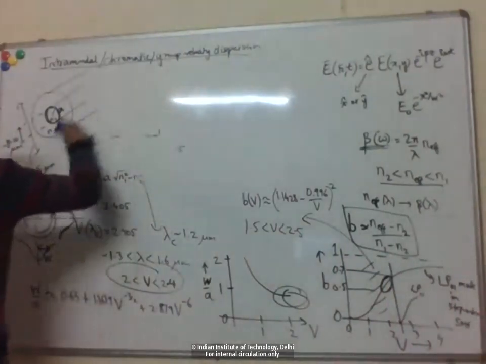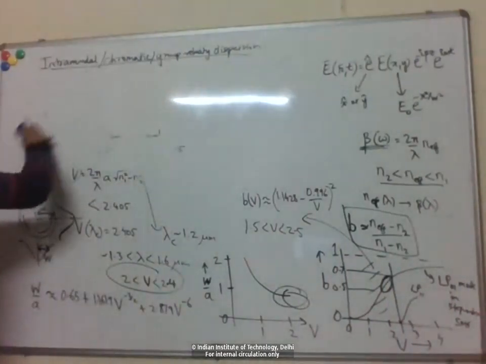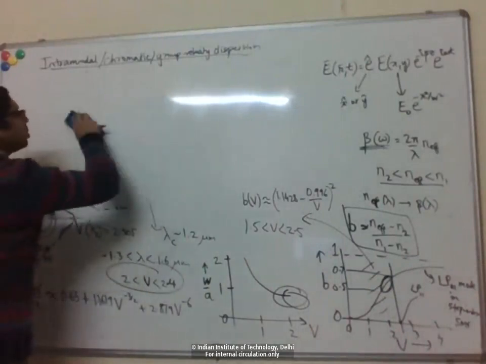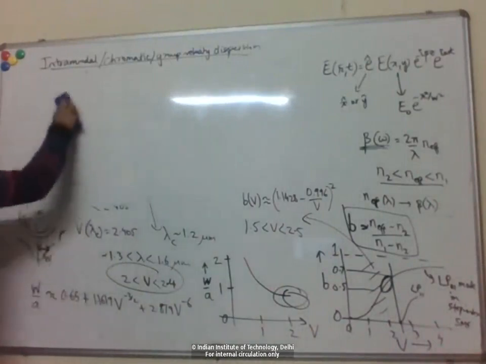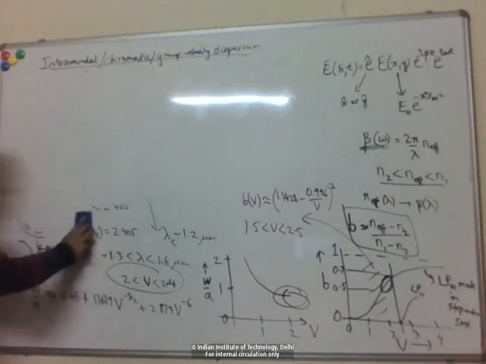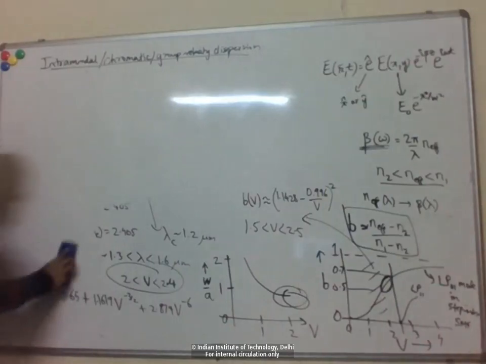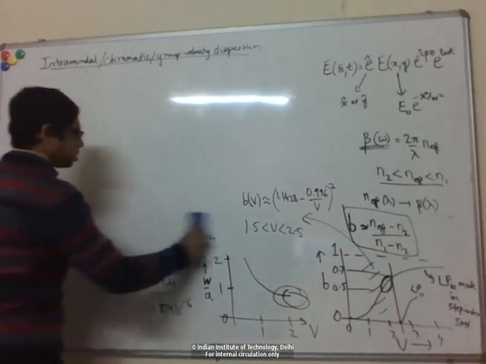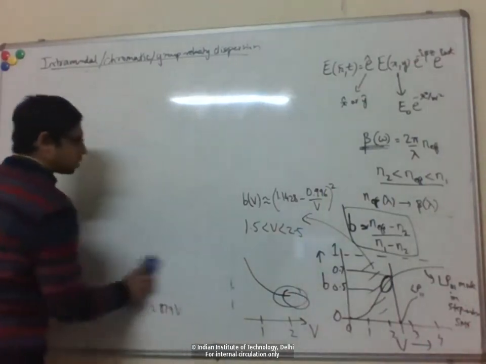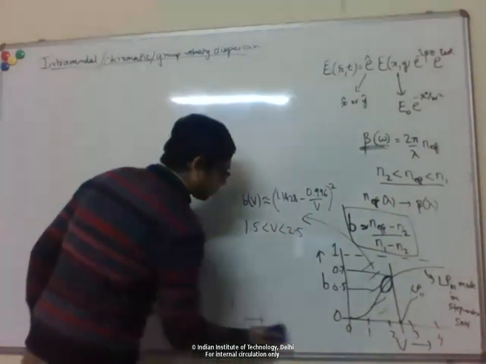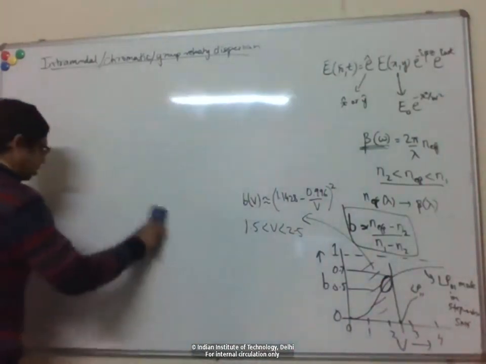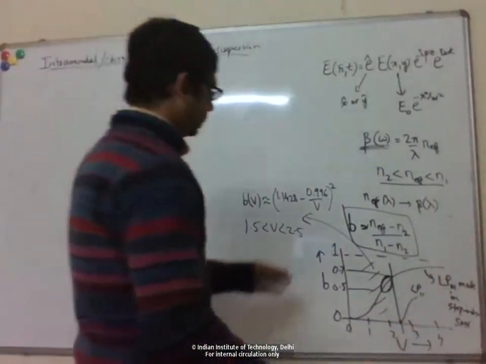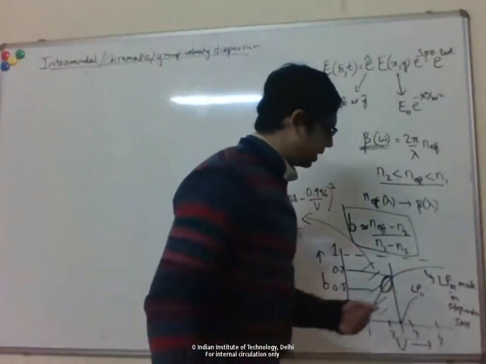Okay, so now if you look at the group velocity, this is the propagation constant versus frequency, right?